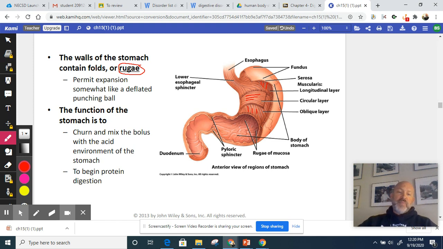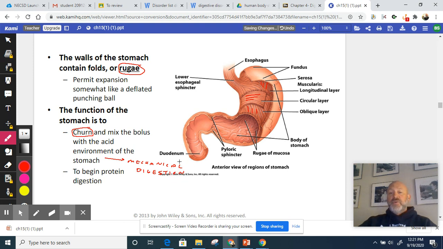So the churning and mixing of food in the stomach is another example of mechanical digestion, because it's physically breaking the food apart through the action of these muscles.